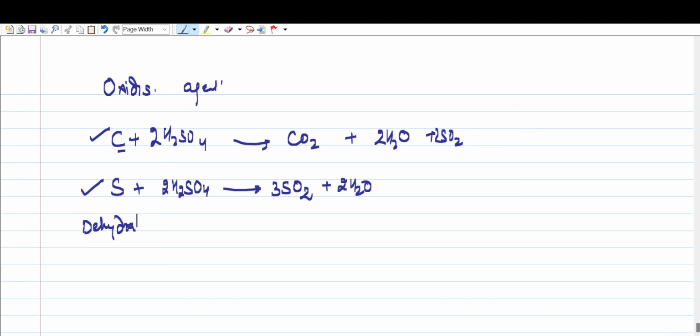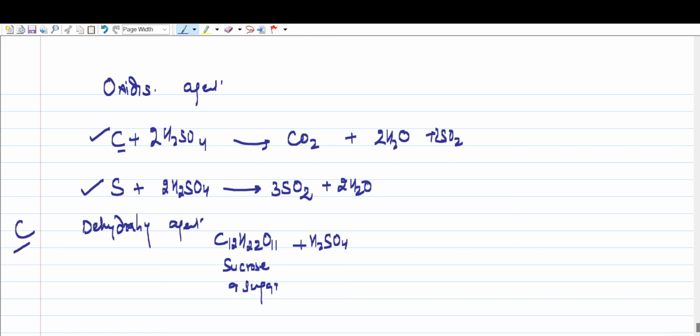Is this clear? Next, we take up sulfuric acid as dehydrating agent. Dehydrating agent means it removes water. So if you take C12H22O11, children, this is the formula of sucrose or sugar, chini ka formula. Okay, when you treat this with concentrated, remember children, dehydrating is only when it is concentrated. Otherwise, it is a sulfonating agent.